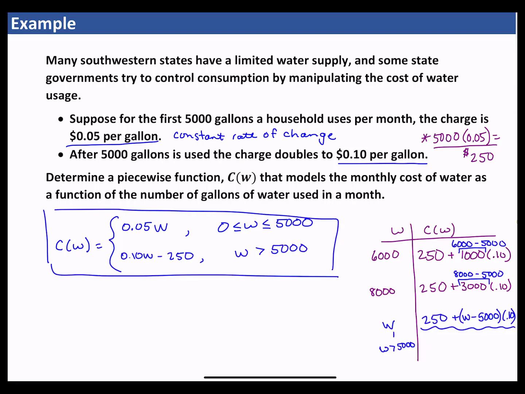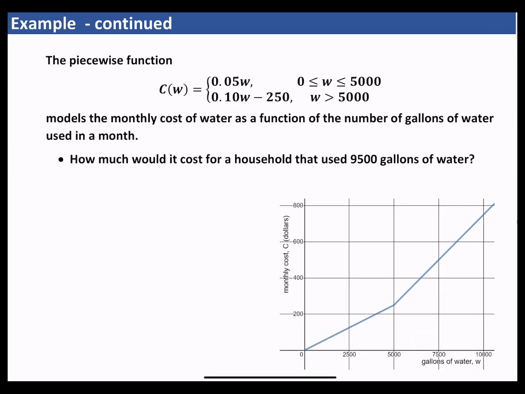So let's see how we would use this to calculate some different values. We have our piecewise function, C of W. We know it models the monthly cost of water as a function of the number of gallons of water used in a month. So how much would it cost for a household that uses 9,500 gallons of water? A couple things to think about here.